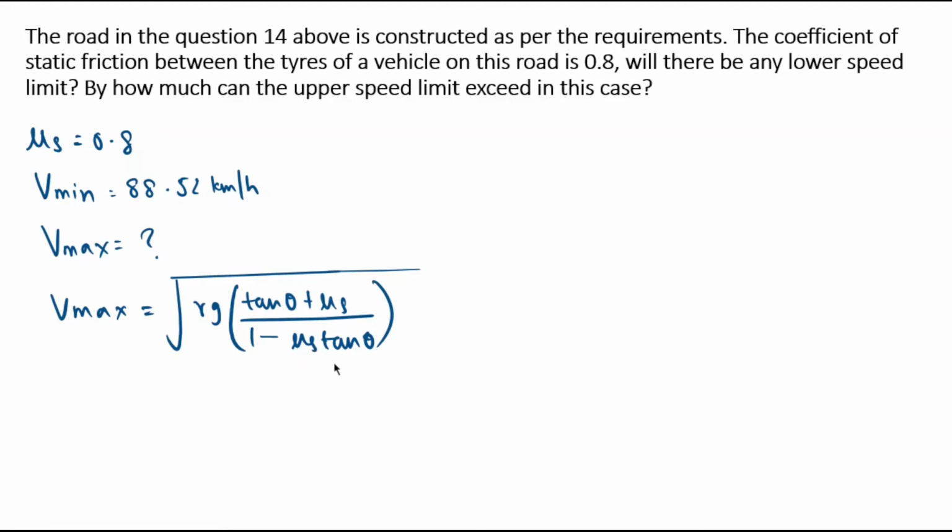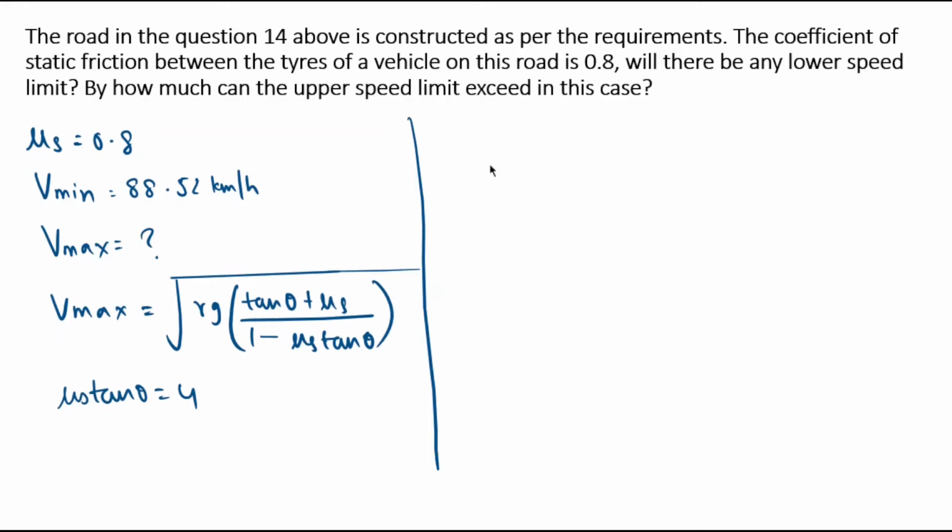We know that mu s into tan theta is 4. So this thing will become 1 minus 4, that is minus 3, and under root of minus 3 is a complex number which is out of our scope.